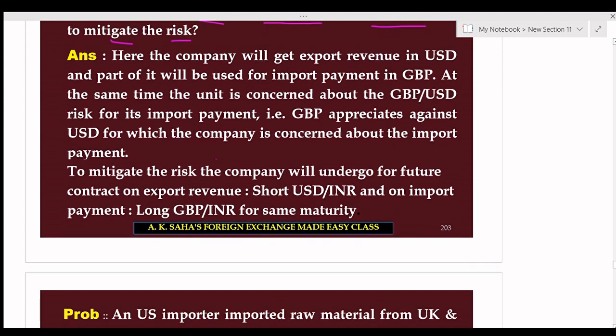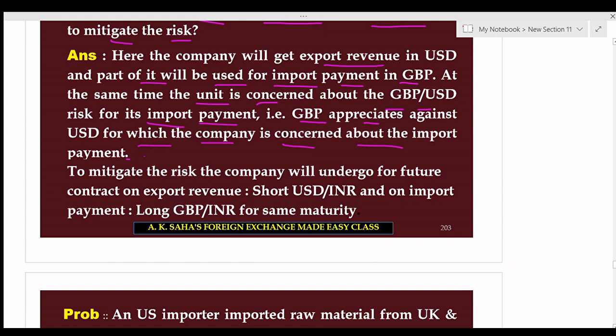Here the company will get export revenue in USD and part of it will be used for import payment in GBP. At the same time, the company is concerned about GBP USD risks for its import payment. That is, GBP appreciates against USD, for which the company is concerned about the import payment.